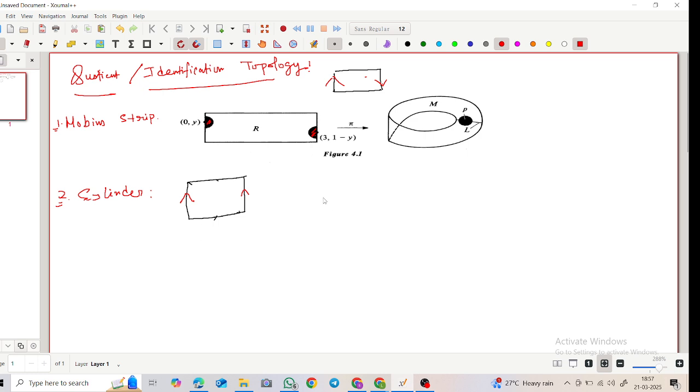Okay. So what will it be? The picture, it will be like, right, you just roll it and this is the joining boundary line.